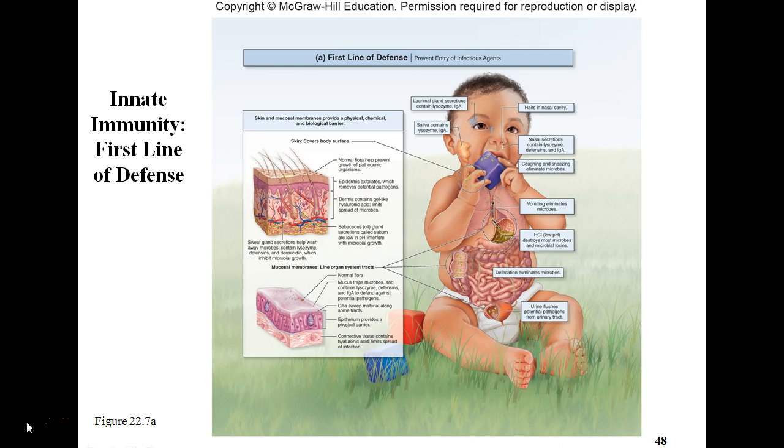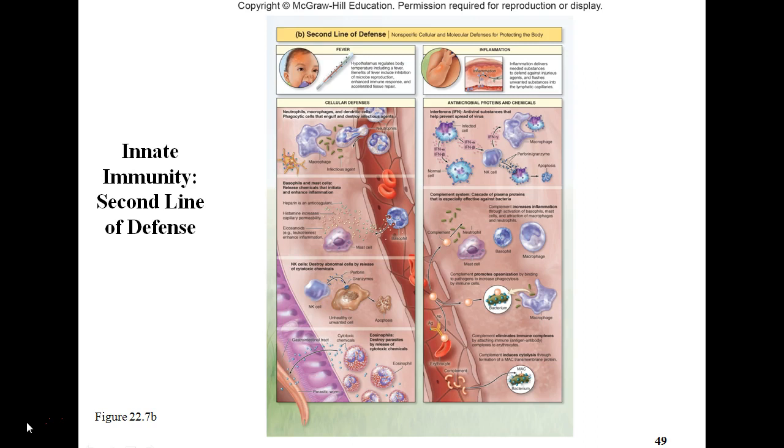So again, we need to give credit to the skin and mucous membranes as the first line of defense, which thwarts much of our invasion. If they get past that first line of defense, we have a second line of defense in the innate immunity. That's going to be non-specific cellular and molecular defenses. So here we see on a microscopic level, we have things like fever, inflammation, and then other smaller processes.